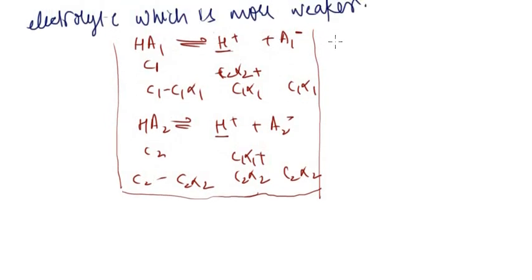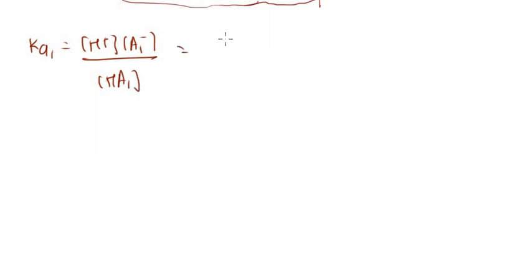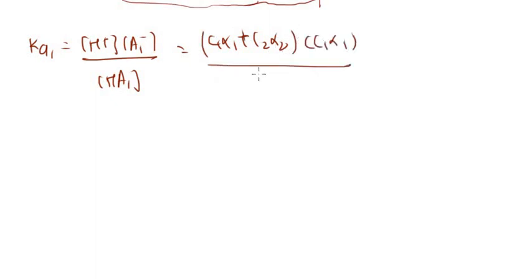Now for the first acid, let's say the dissociation constant is Ka1, and for the second it is Ka2. Now Ka1 is the concentration of H plus times A1 minus upon HA1. So H plus is C1 alpha 1 plus C2 alpha 2. A1 negative is C1 alpha 1 divided by C1 into 1 minus alpha 1.